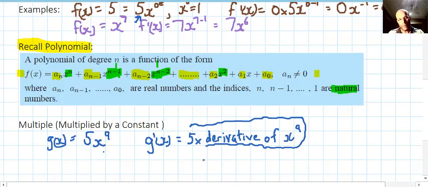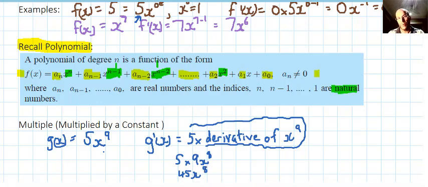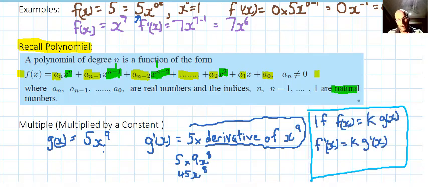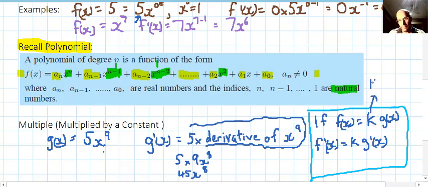So basically the derivative of x to the 9 is 9x to the 8, and we just multiply 5 on the front, so we have 45x to the power 8. So that's not set out properly. Let's formalize it properly now. So looking at that, if f of x equals k times some function, where k is a constant, so some real number.